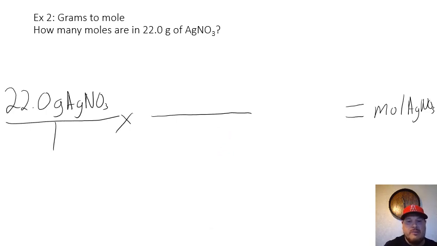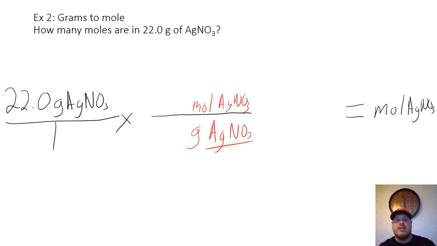So down here, I'm going to write this in red: grams of silver nitrate, Ag nitrate. Our next lesson is to figure out how to actually write these down. Okay, and over the top, I'm going to put moles of silver nitrate.